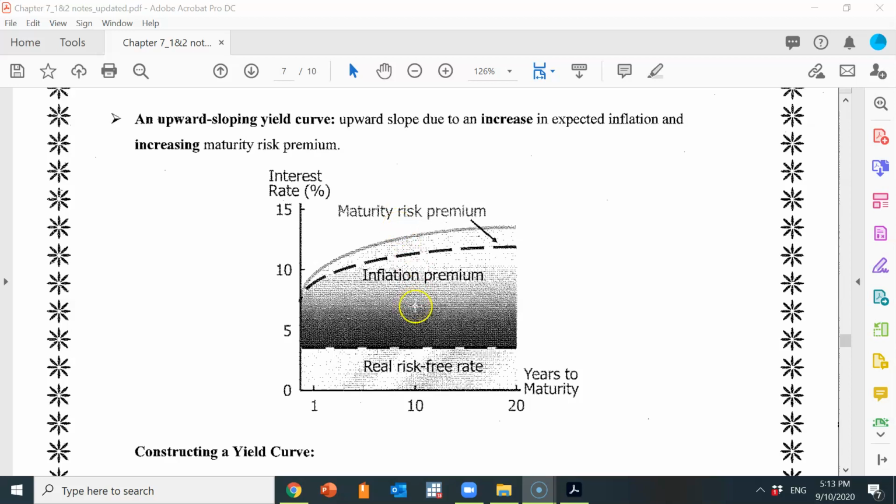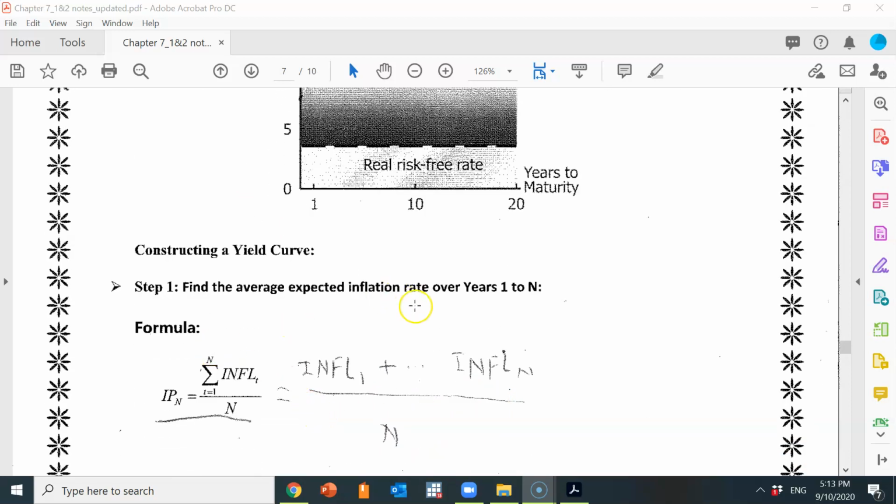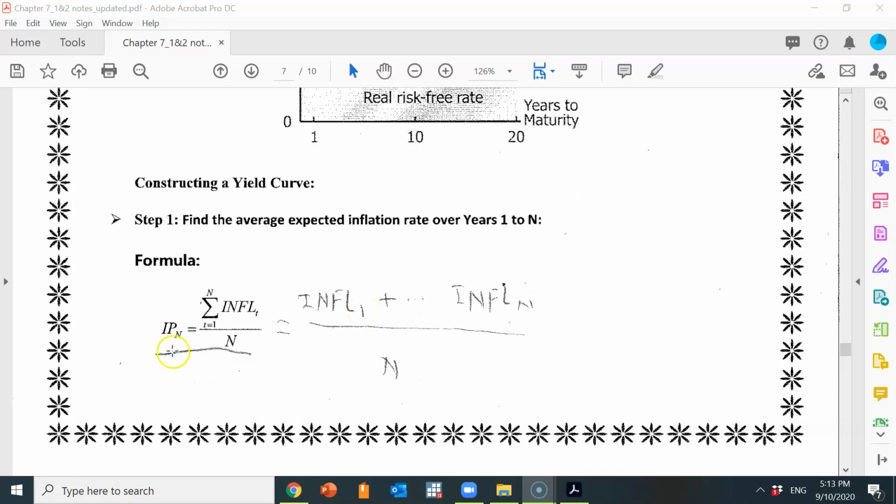So let's calculate IP and MRP and then R for bonds with different T. Let's first calculate IP. IP for bonds with n years is the inflation rate for year 1, year 2, until year n, added up together, divided by n. So the inflation premium is the average level of inflation rate over the n years.